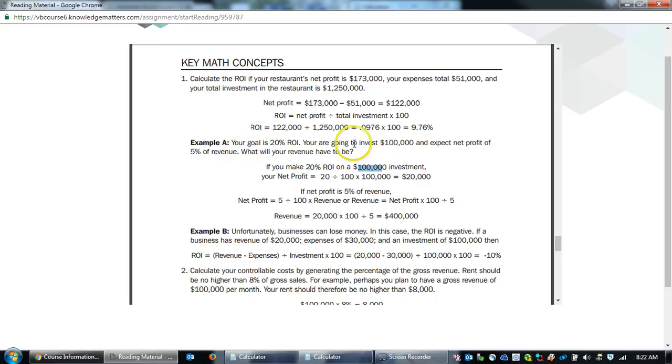Return on my investment. Let's think about it: return is what I need to make in addition, and the word investment is what I put in. That's all I have to worry about in this whole math problem. What I put in was this, and my return on investment is this. So as a recap, we took the 100,000, we found 20%, and that gave us $20,000. That was our return on investment goal.